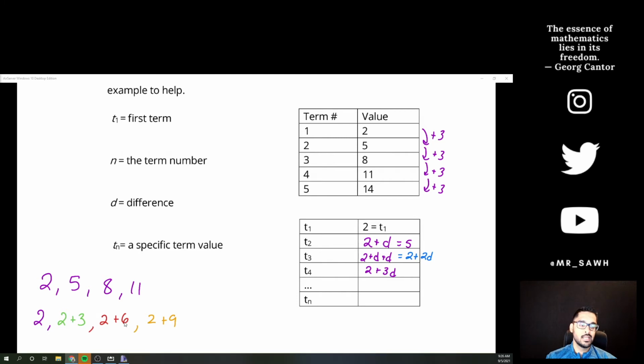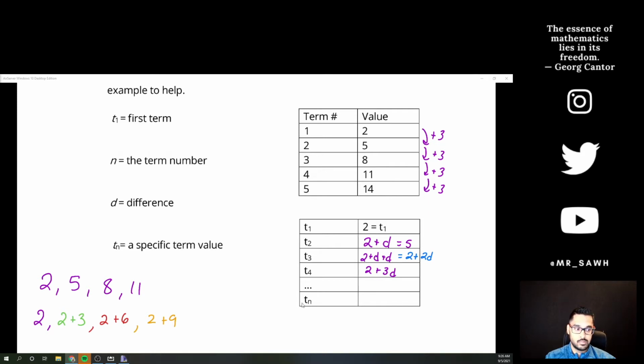But for 8, 6 is the same thing as 3 plus 3, which is also the same thing as 2 times 3. We're adding in 2 common differences. 9 is the same thing, 3 plus 3 plus 3, in other words, 3 multiplied by that common difference of 3. So you can keep this going forever, but what you're going to notice is it's always 1 less than whatever term number you're working with.